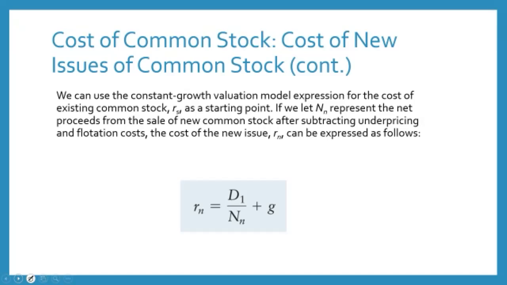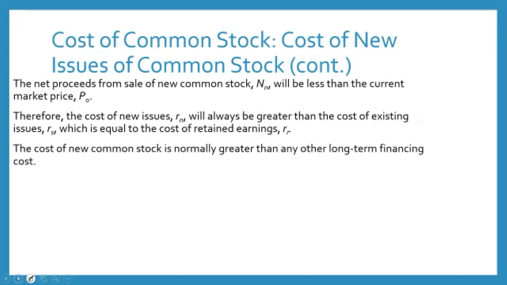Now, if we let N represent the net proceeds from the sale of the new common stock after subtracting underpricing and flotation costs, the cost of the new issue can be expressed as D1 divided by the net proceeds, N, plus the growth rate.